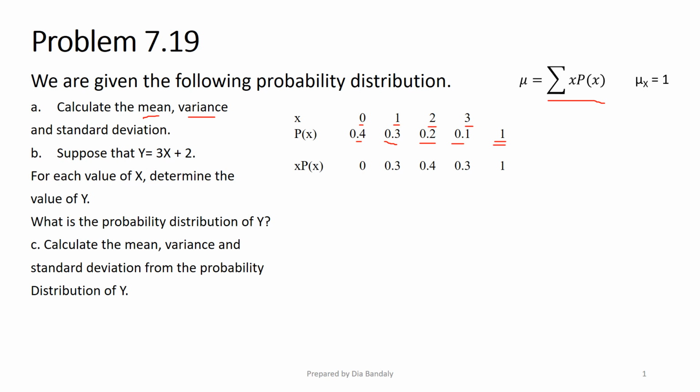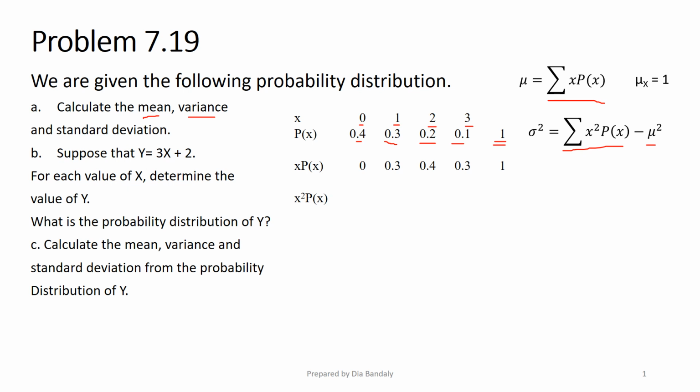All right, that was very straightforward. Now the variance. Variance, remember, is the sum of x squared p of x, so we do that first and then we subtract the squared mean. So we add again a row for x squared p of x. The first one is 0 times 0.4, and 1 squared is 1 times 0.3, 0.3.